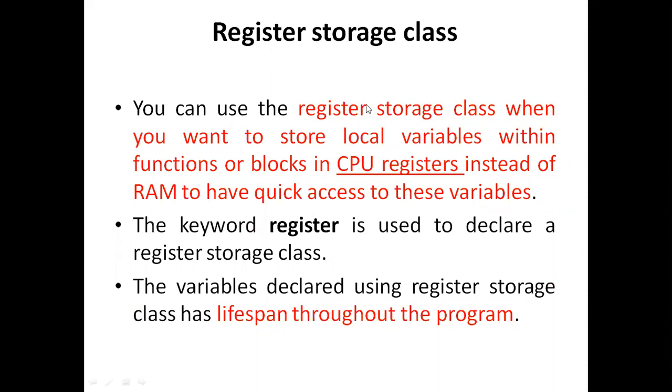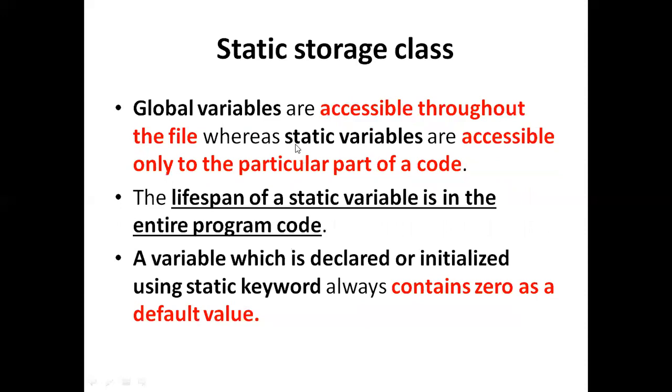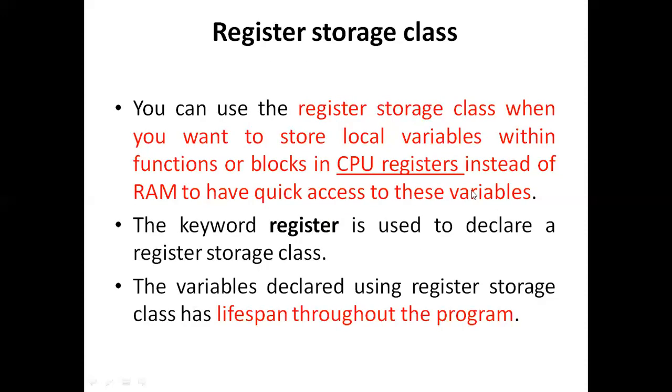What is meant by the register variable? For quick, faster access, we declare the variables of type register. Where are those values stored? Inside the CPU registers, not inside the memory.